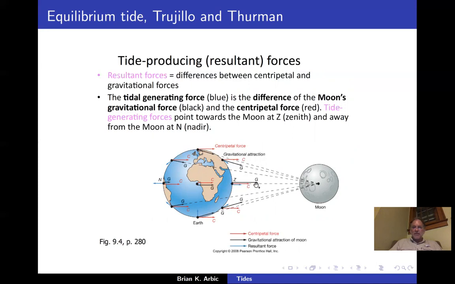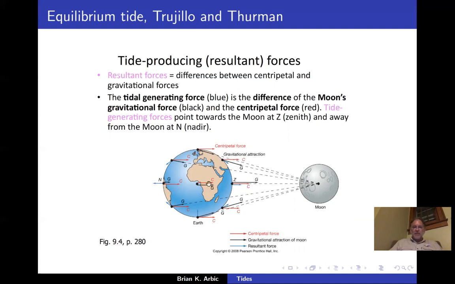If you take the difference between the two, you have this blue arrow pointing towards the Moon. On the other side, the gravitational force is weaker because you're farther from the Moon, and so the difference between the gravity and the centripetal force gives you a negative result, pointing away from the Earth.